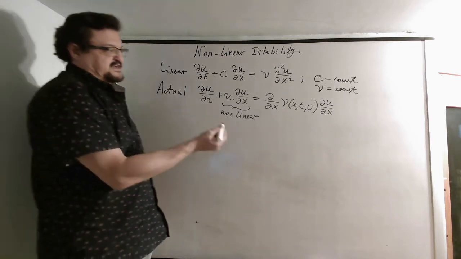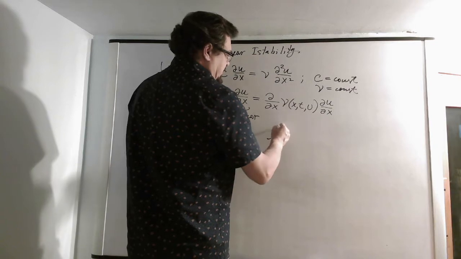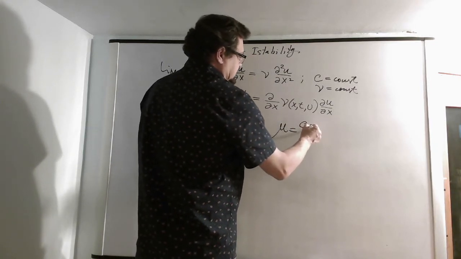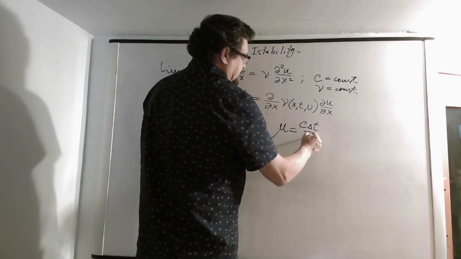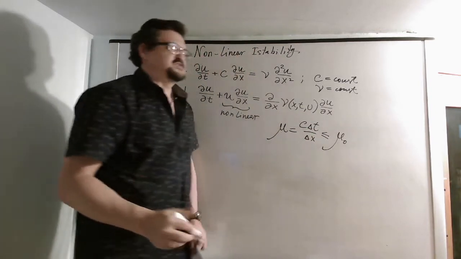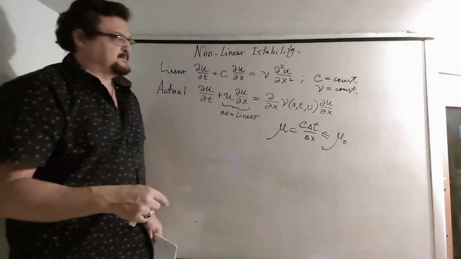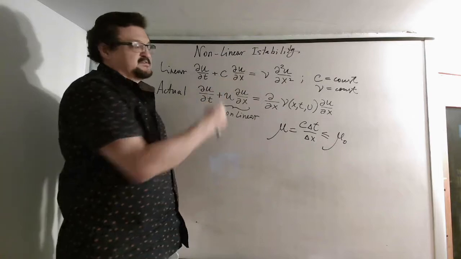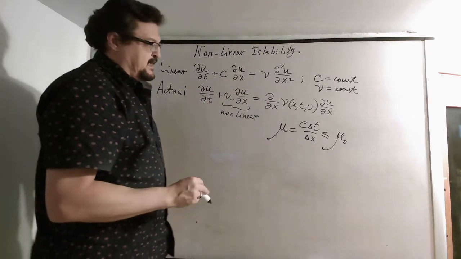For example, for advection, we derive that mu equal to c delta t divided by delta x should be smaller than some mu naught, which can be 1, can be 2, can be half, depending on the particular finite difference scheme you use.